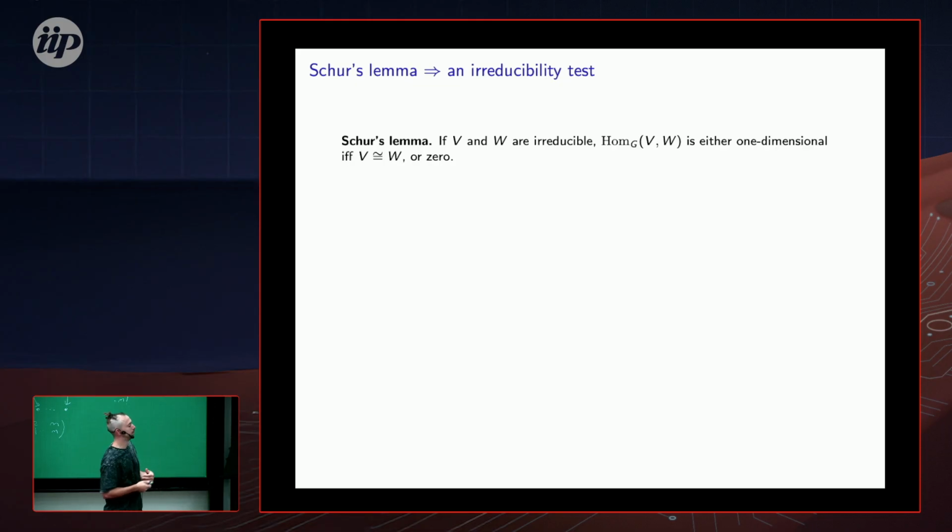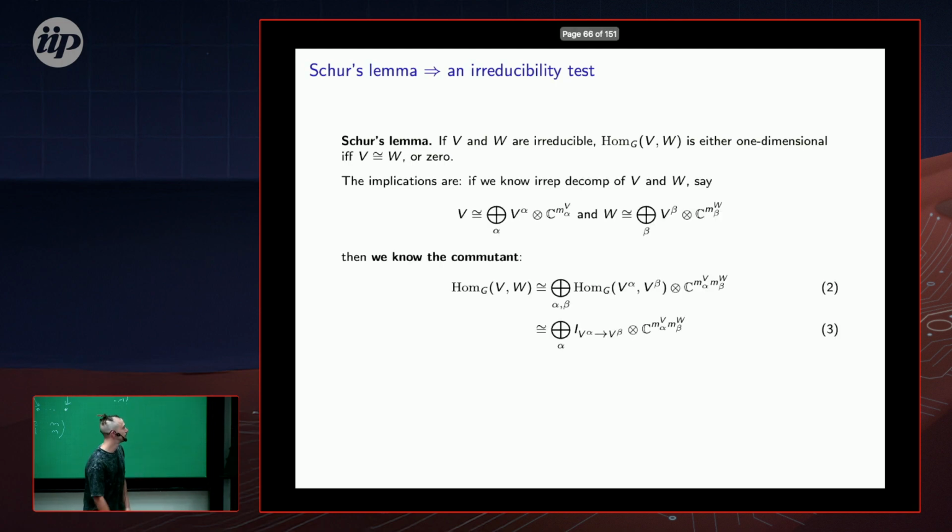Schur's lemma states that if you have two G modules, V and W, that are irreducible, the only G-invariant maps between V and W is the identity isomorphism if V is isomorphic to W, or nothing. The only way to map between group modules is to map irreps to irreps. That's what Schur's lemma says.